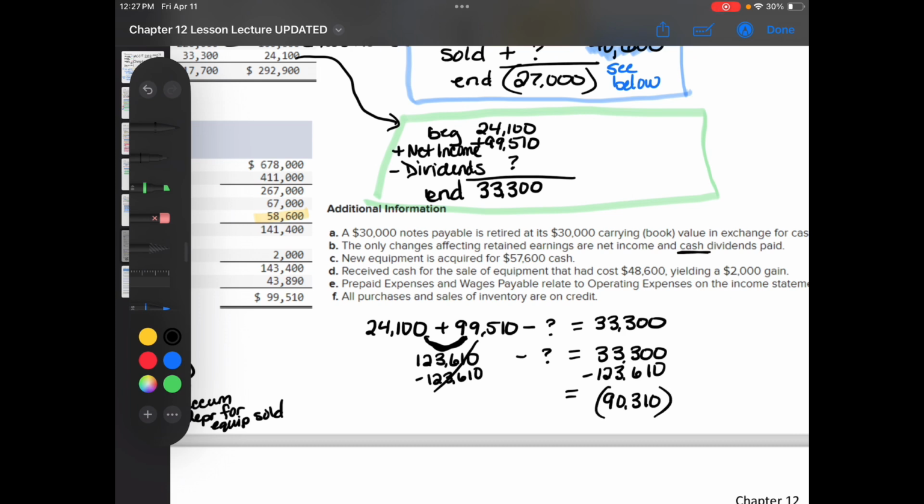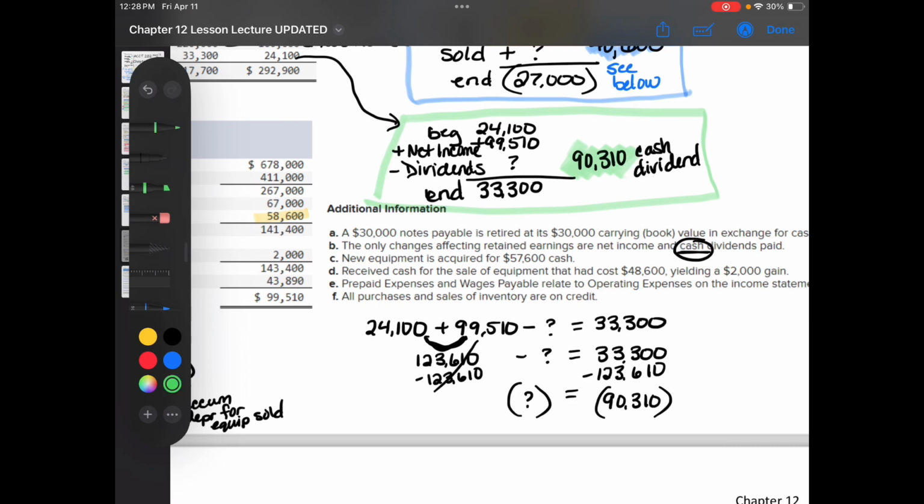So my question mark, which is also a negative number, means dividends were $90,310, and I know they were paid in cash. So I can write down $90,310 cash dividend.